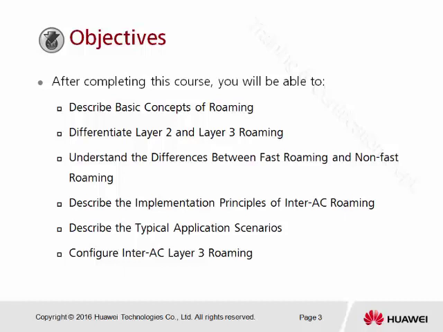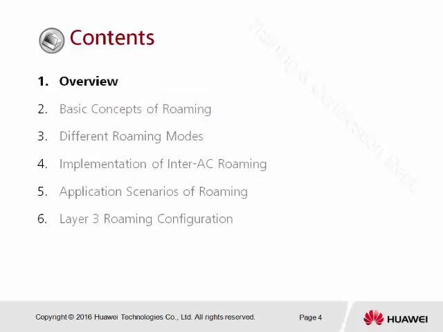Understand the implementation principle of inter-AC roaming and typical application scenarios, and the last one is to configure inter-AC layer 3 roaming. We will start from the first content, the overview.